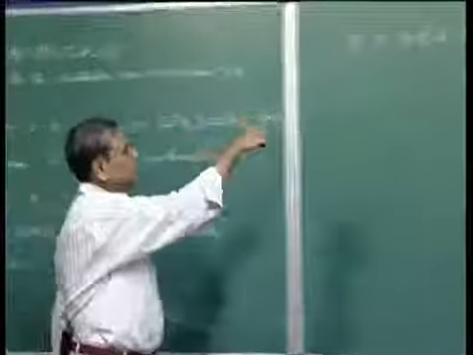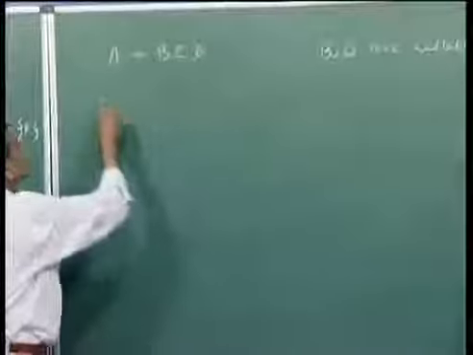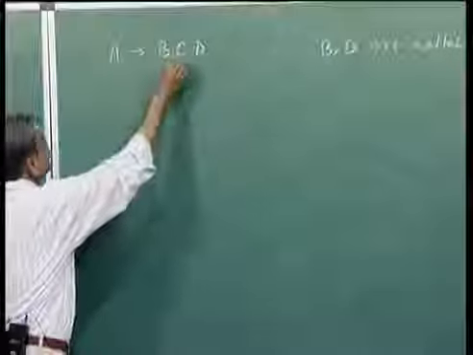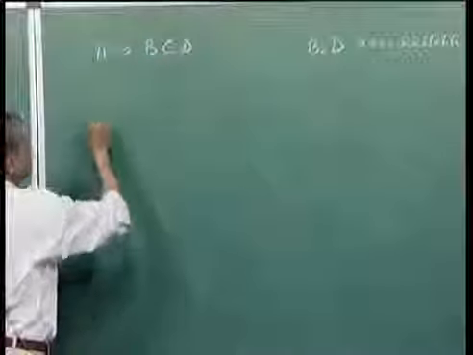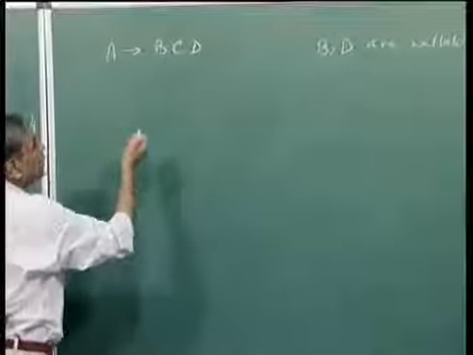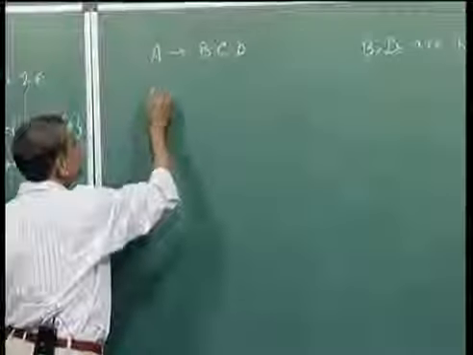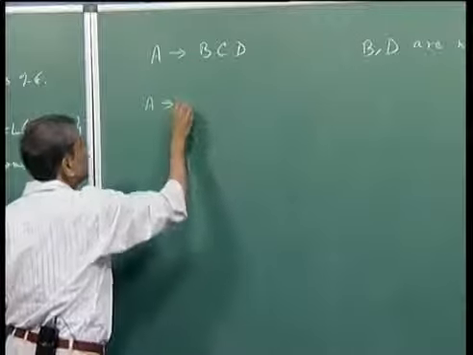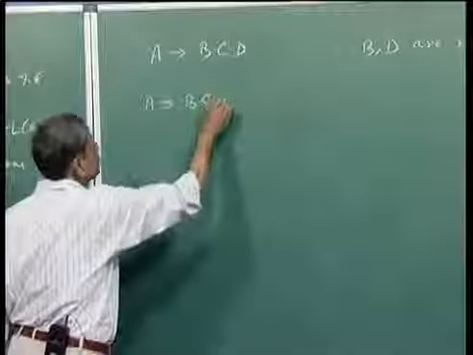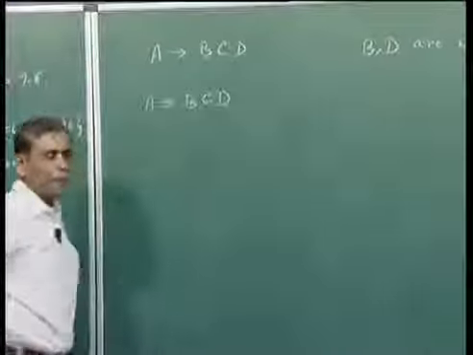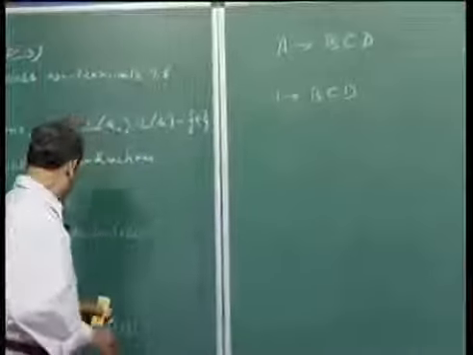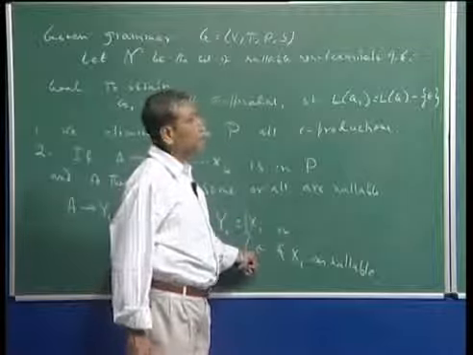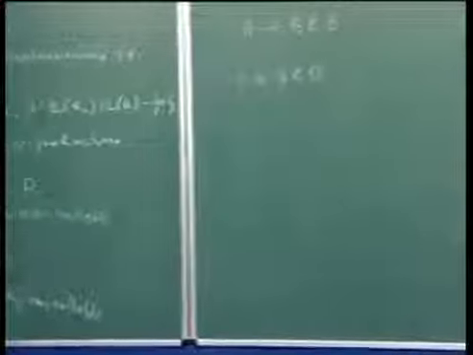So, in this example, this is my x1, x2, x3. I can of course keep everything, because that comes by never using the choice epsilon for any nullable symbol.